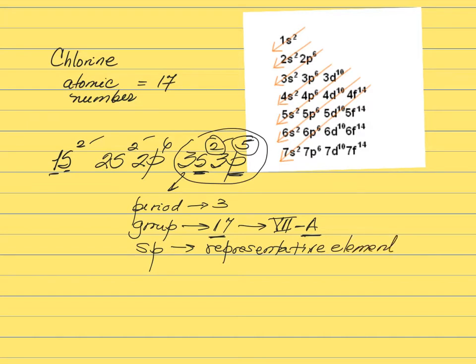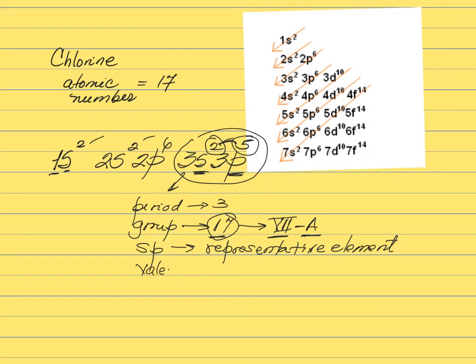Transition elements are represented in the B group. See? So you add the numbers over here and you put a 1, or 7A, because the A means that it's a representative element. Questions about that? What other information, Ms. Ramos, can you find from there?